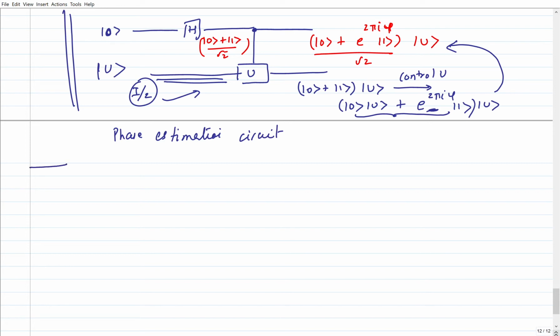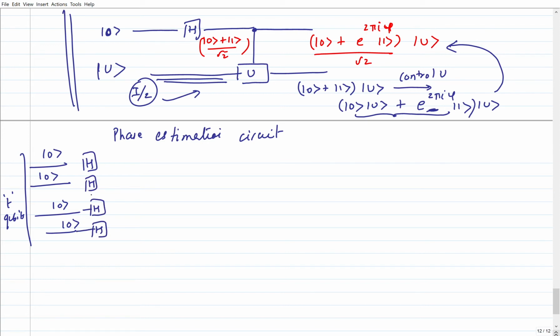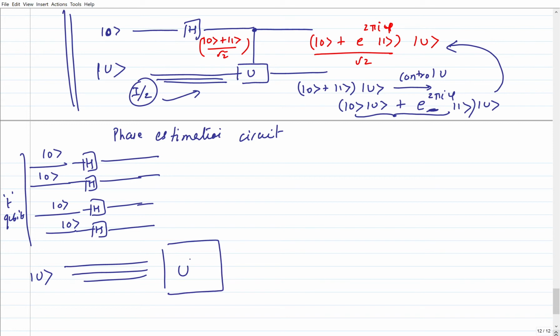So I start with t qubits, and I start with the eigenvector of U, and I'm going to apply the powers.